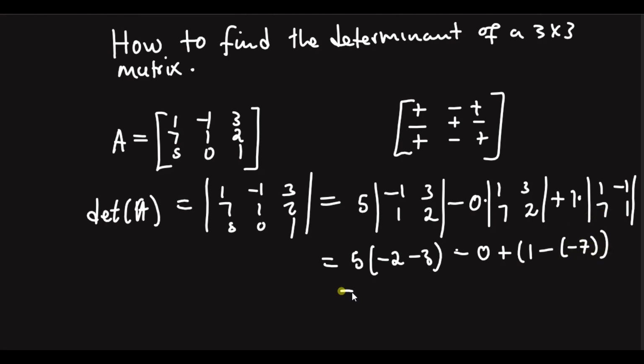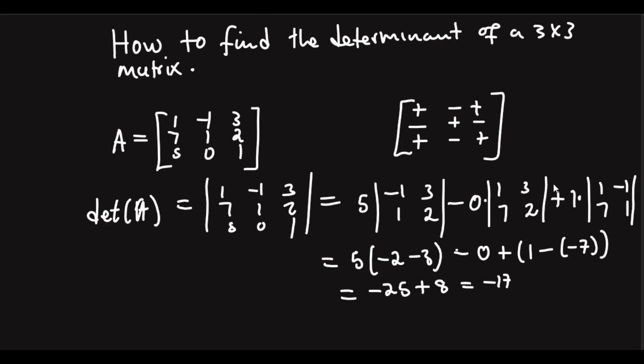Now I have 5 multiplied by negative 5, which is negative 25, and here I have 1 plus 7, which is 8. Negative 25 plus 8. As you can see, the answer is negative 17.